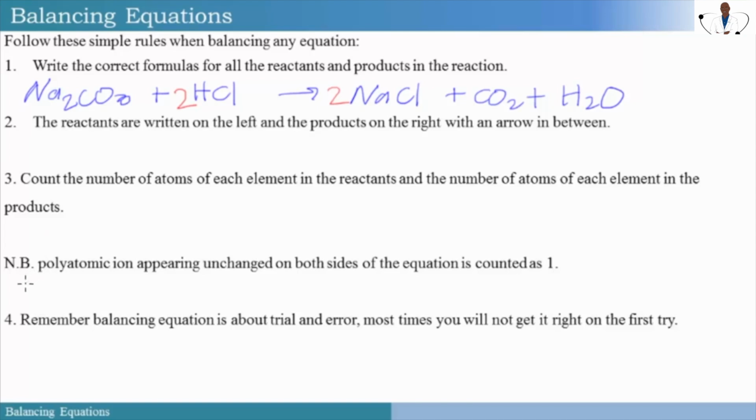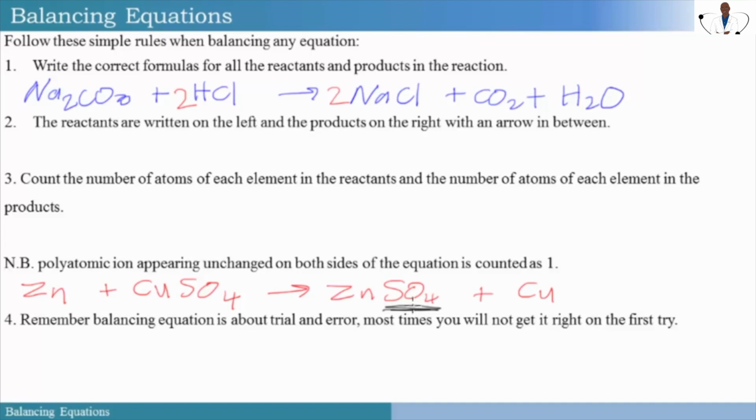In terms of polyatomic ions, we can count them as 1 if they appear on both sides of the equation. Example, suppose I have zinc plus copper sulfate, and that produces zinc sulfate plus copper. Counting our atoms on the right, I have 1 zinc here. So nothing is wrong with our zinc atom. Instead of counting separately the atoms in the polyatomic ion by saying 1 sulfur and then 4 oxygen, we can treat this as 1.